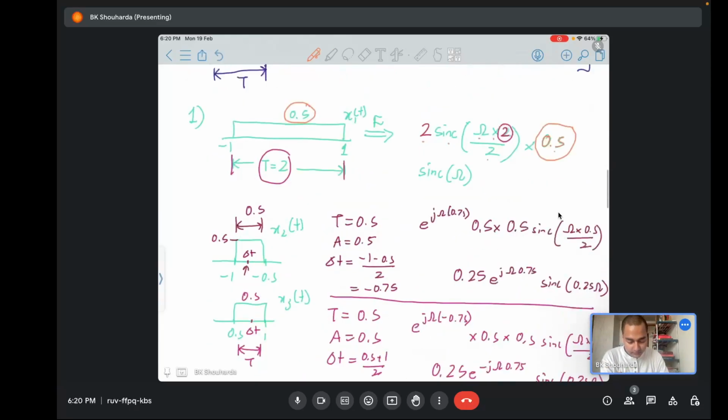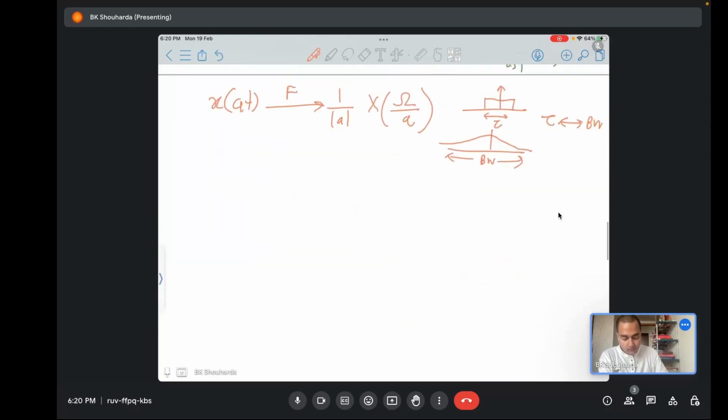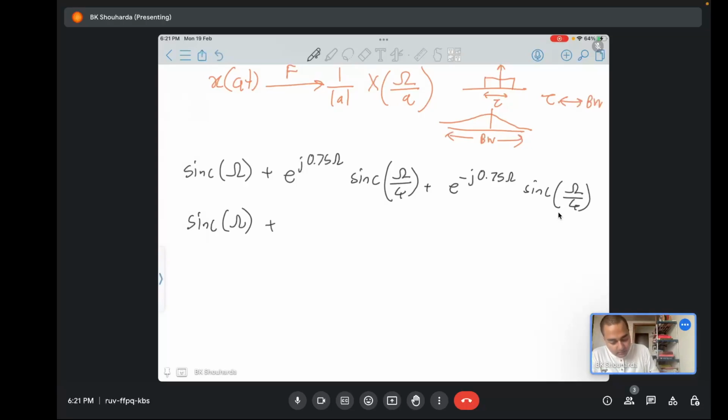Now let's add all these terms. Sinc omega plus e to the power j 0.75 omega sinc omega upon 4, plus e to the power minus j 0.75 omega sinc omega upon 4, and then sinc omega plus, what do you have?